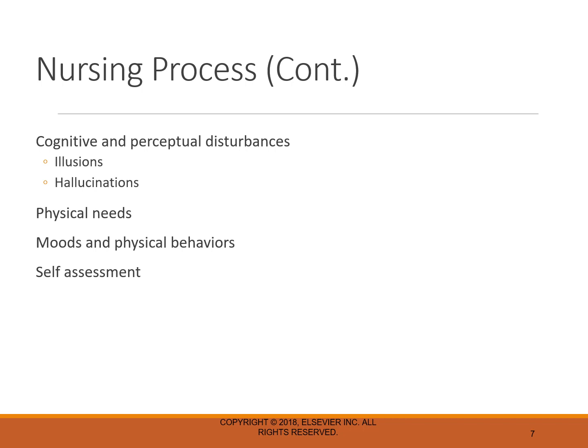And for hallucinations, visual hallucinations are common, rather than auditory hallucinations. So the visual hallucinations may be in the form of someone standing behind me, or seeing a giant spider crawling, and sometimes the patient can have tactile hallucinations. The patient may feel that there are bugs crawling on their skin.